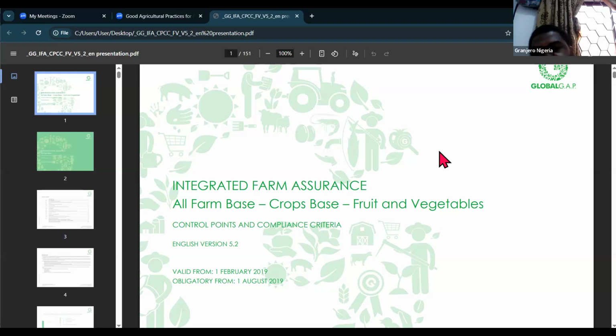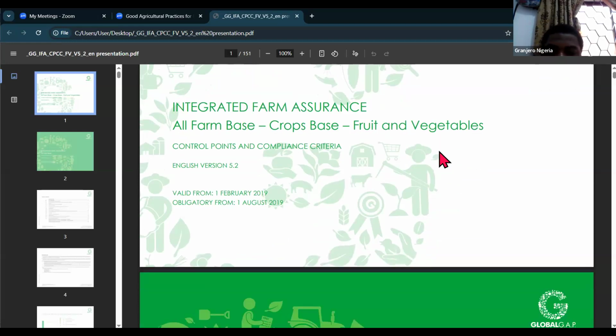This document is quite important because almost all over the world, it is like a leveler when it comes to good agricultural practices. Almost all buyers all over the world rely on it. Meaning that if you're able to meet this document, most likely you'll be able to meet any other kind of document, so to speak.